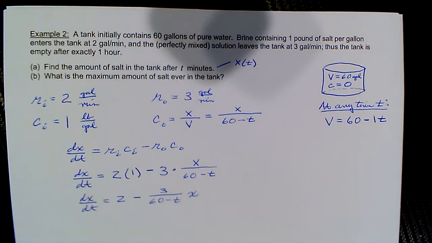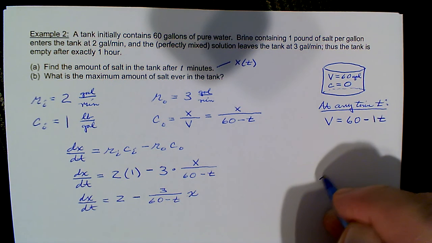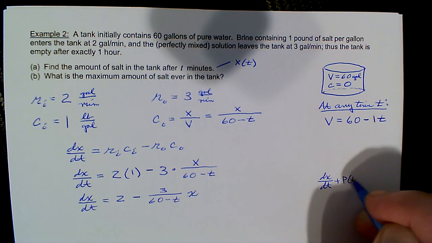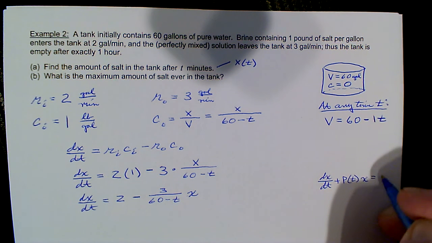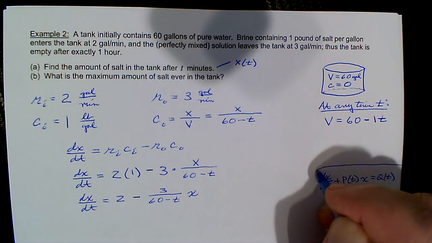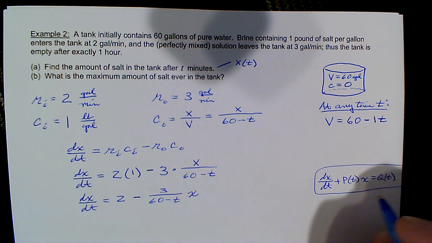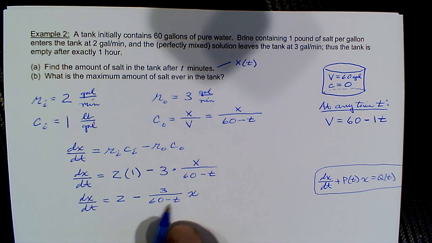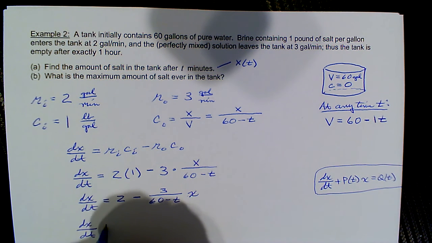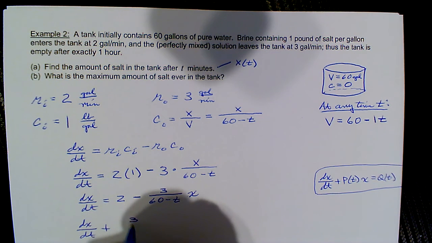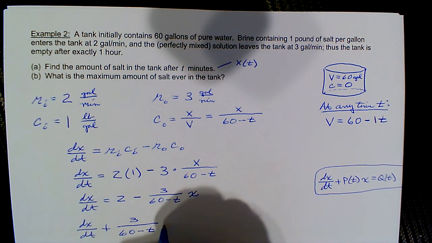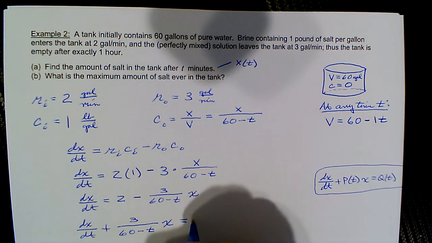Because again, remember, the standard form we're shooting for is dx/dt plus p of t x equals q of t for the first order linear. And so we'll move the x term to the left to obtain that form. So dx/dt plus 3 over 60 minus t x equals 2.